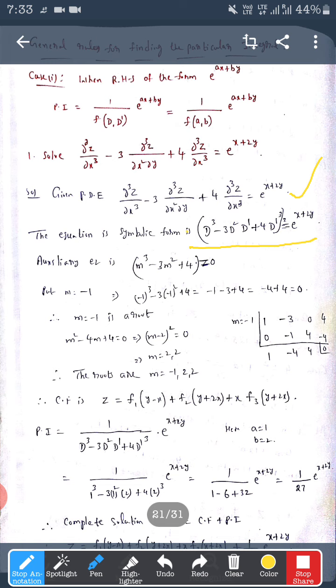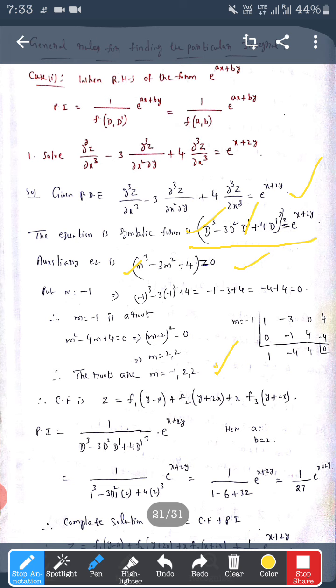So in place of D if you write m, in place of D dash 1, this changes into the form m cube minus 3m square plus 4 is equal to 0. If we solve this equation, we get the roots. Since this is a third degree equation, we get three roots. The roots are minus 1, 2, 2.